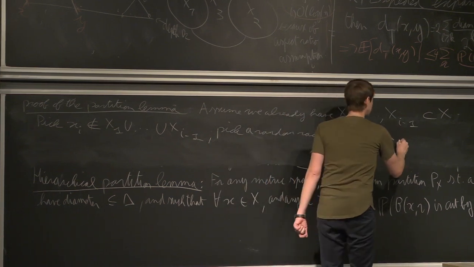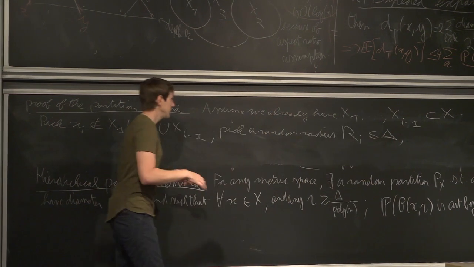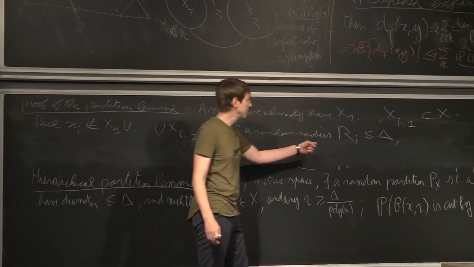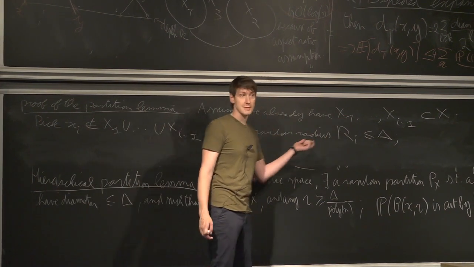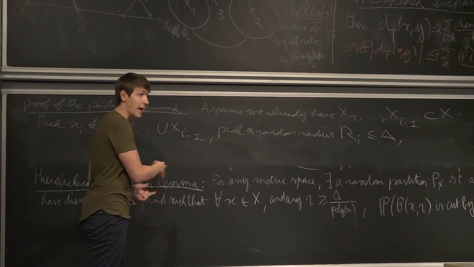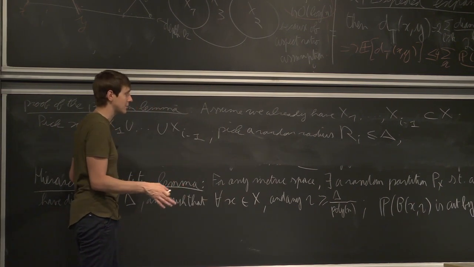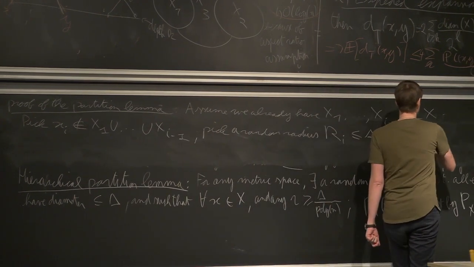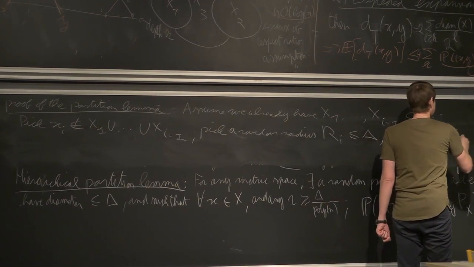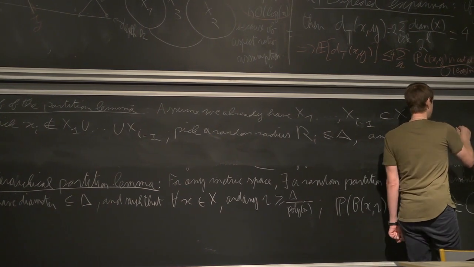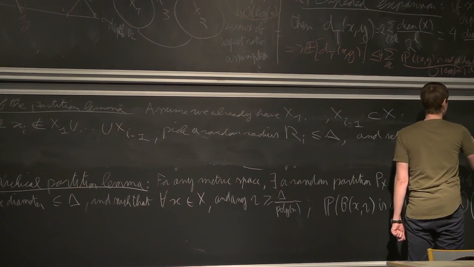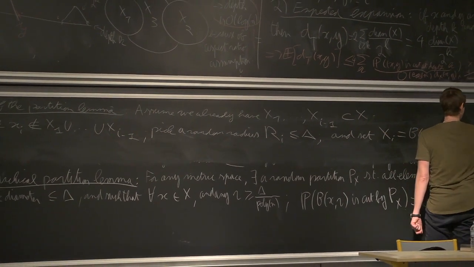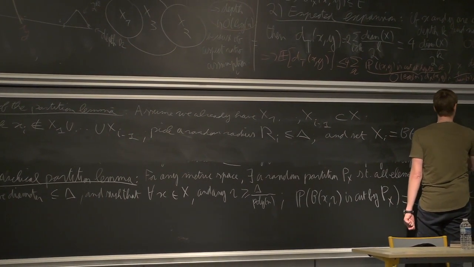And now what I do is that I just take the ball around this little x_i of radius R_i, and that's my new capital X_i. Of course I carve out everything else that was already there before, and set X_i to be the ball centered at little x_i of radius capital R_i minus the union of the X_j for j less than i.